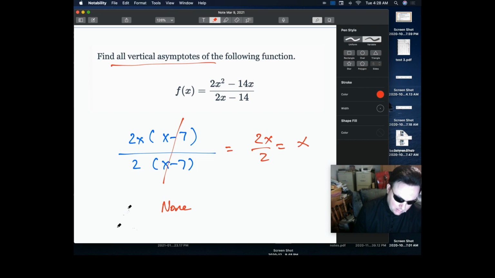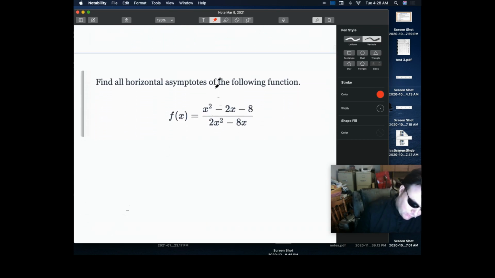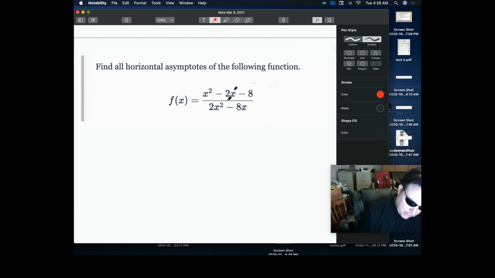Okay. Keep going. Find all horizontal asymptotes of the following function. So horizontal asymptotes occur at extreme values. So what you want to ask yourself here is, I put a very large value in for x, what happens? So first things first, the only thing I care about is this right here.